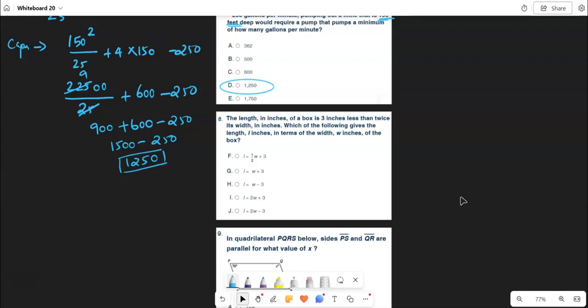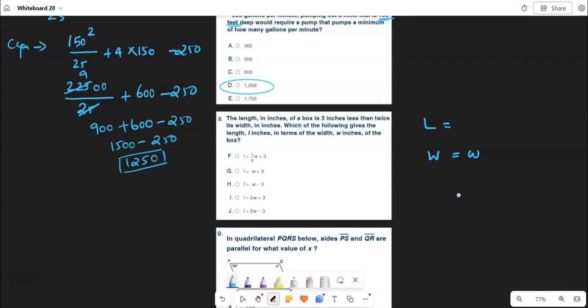The length in inches of a box is 3 inches less than twice its width. So the length is 3 inches less than twice the width. The length is expressed in terms of width. We don't know what the width is, so we are assuming the small letter w.